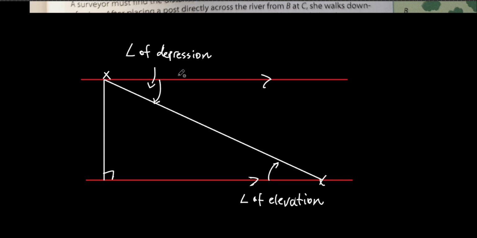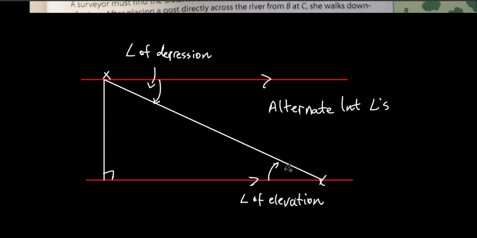We did a lot of this. A, give me a hand with the second letter. L. It's not altitude. It's alternate. It's alternate interior angles. We did that a ton. I know it's been a while, but we did a ton of those, okay?